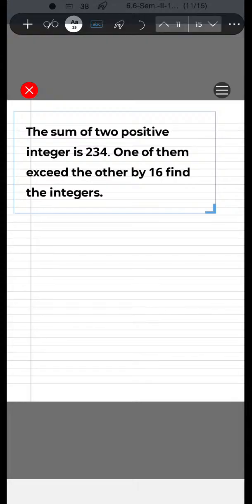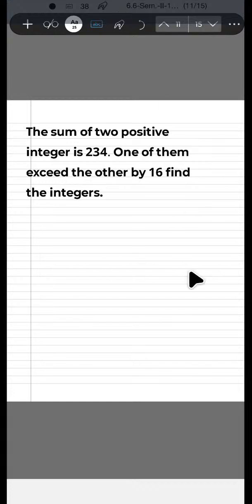The question says, the sum of two positive integers is 234. One of them exceeds the other by 16, then find the integers.